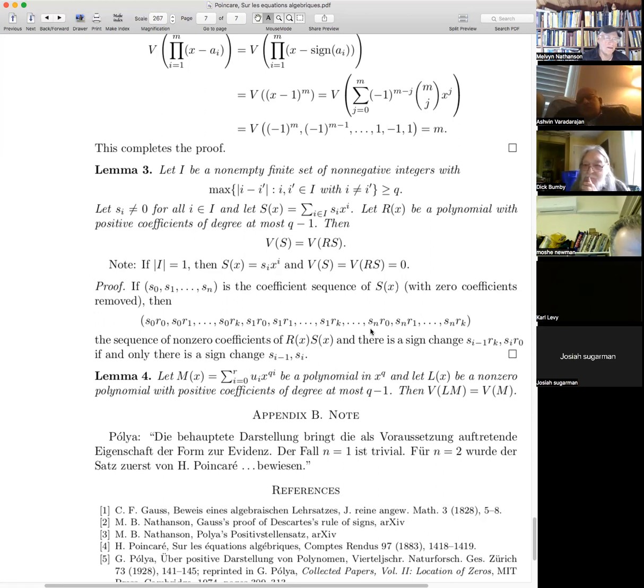Because Polya uses a very particular G, and over here, our G's were sort of redesigned for each set of roots. Right. So that's true. And so what Poincare is giving for binary forms is the existence of a polynomial G with positive.